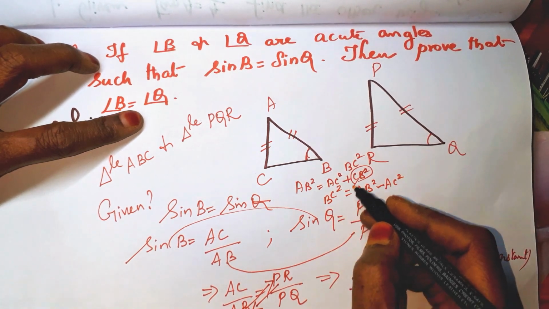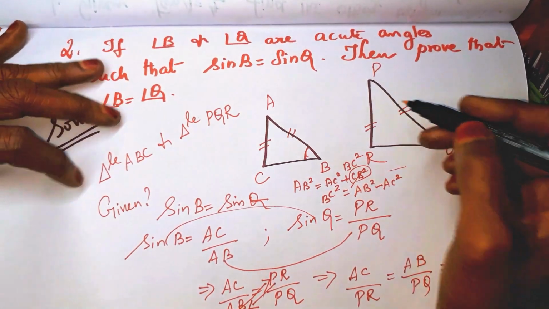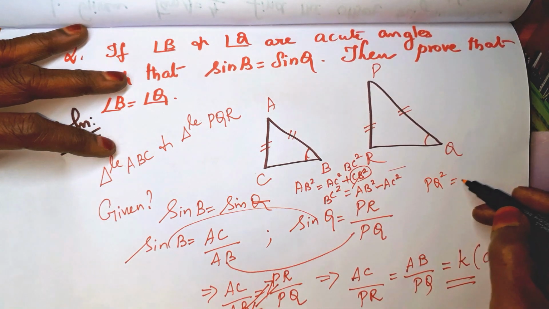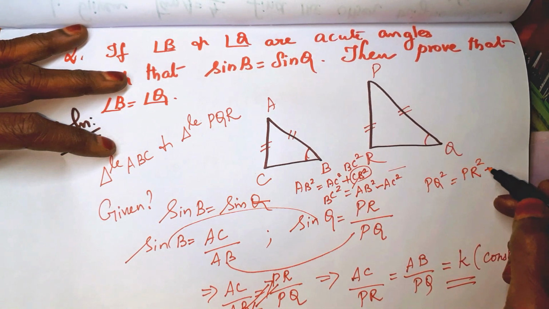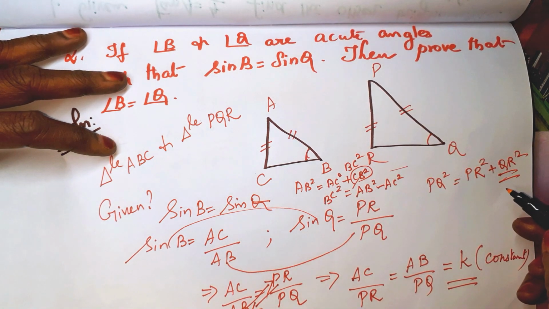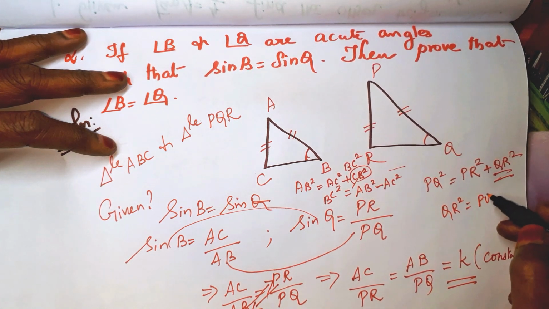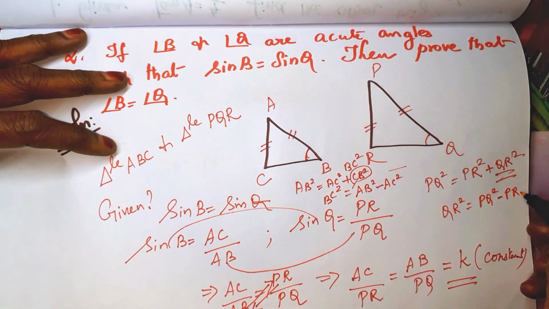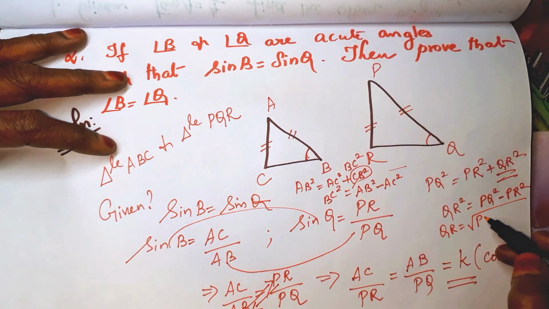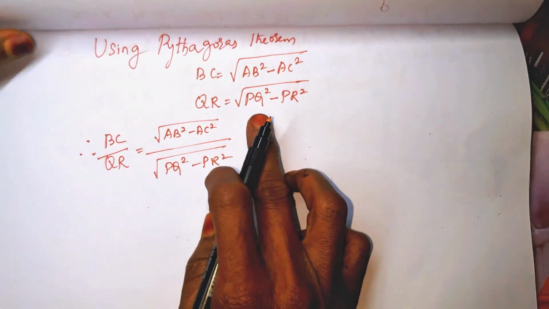So BC equals the square root of AB squared minus AC squared. And here, using Pythagoras theorem, the hypotenuse squared, that is PQ squared, equals PR squared plus QR squared. So keeping QR on the left side, QR squared is equal to PQ squared minus PR squared. So QR is equal to the root of PQ squared minus PR squared. That is what we have here.